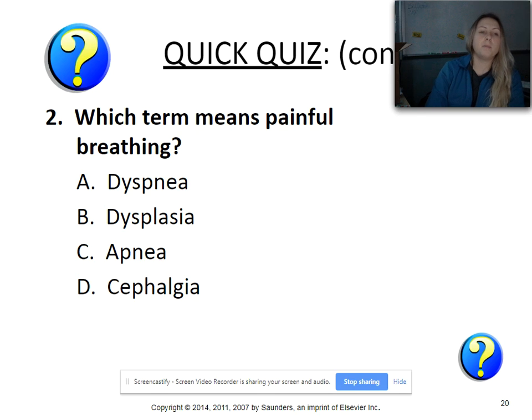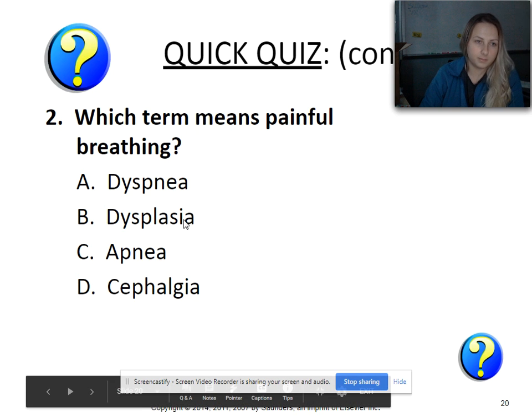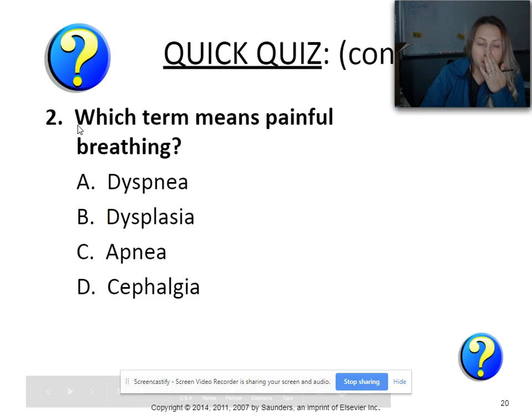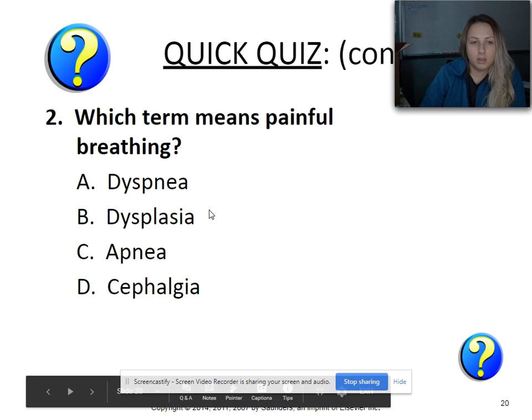Now, which one of these means painful breathing? Let's think of breathing, okay? Breathing is the ending NEA, P-N-E-A, okay? Algia is pain.